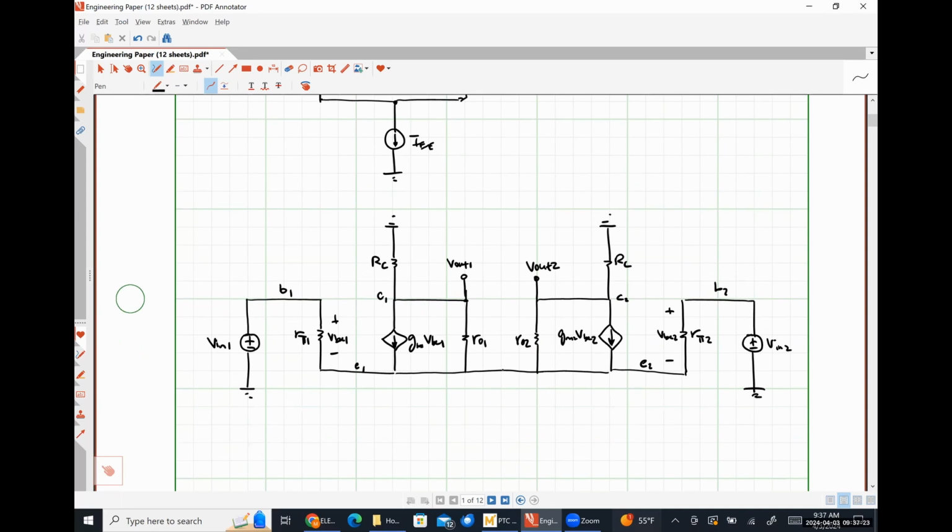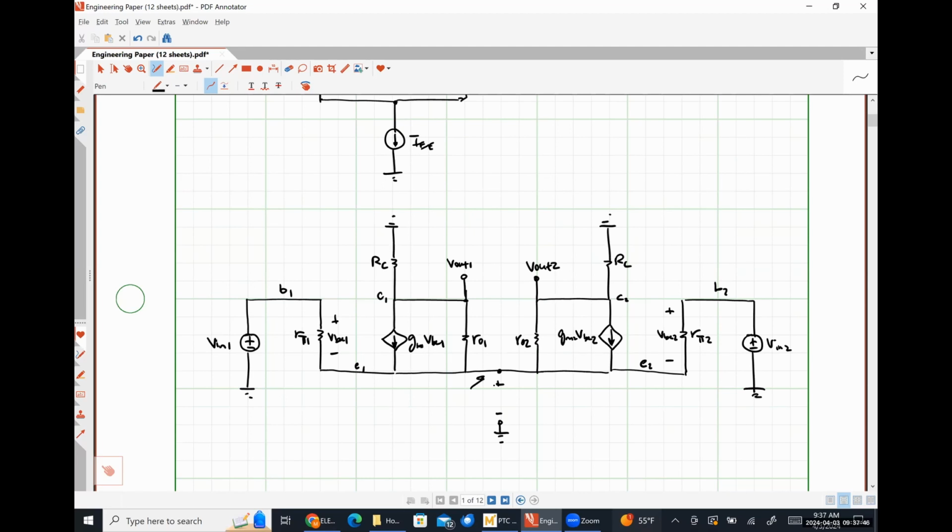And I'm going to add something in here because it may not be super obvious. The voltage at this node here in the middle, where our emitters are tied together, is floating as far as we're concerned right now.